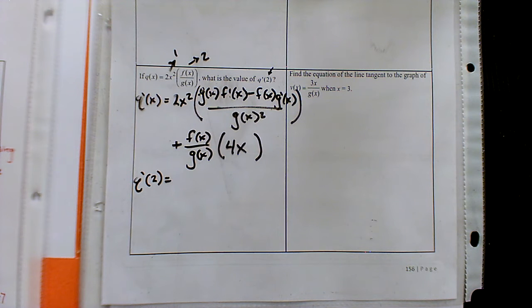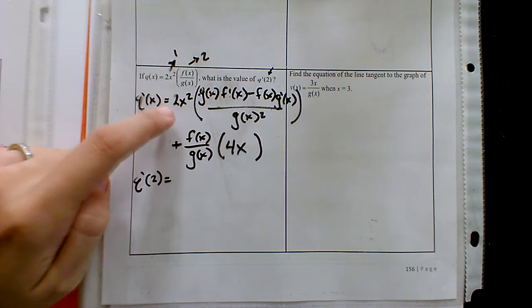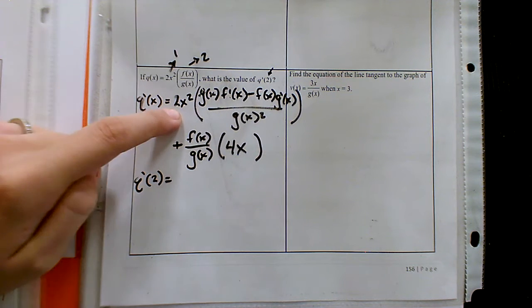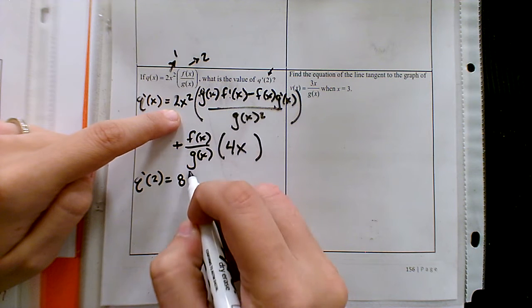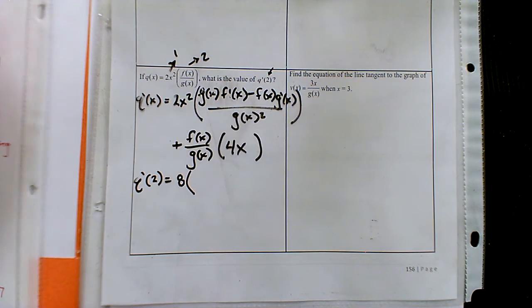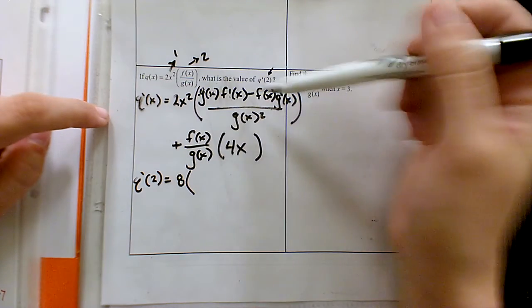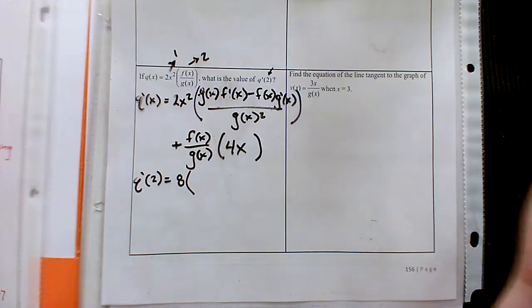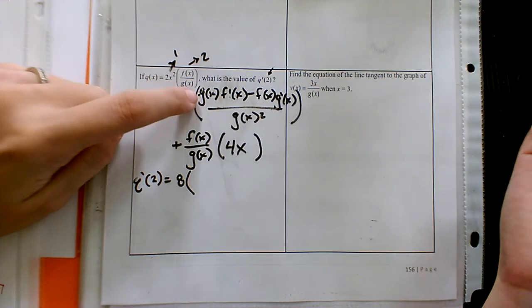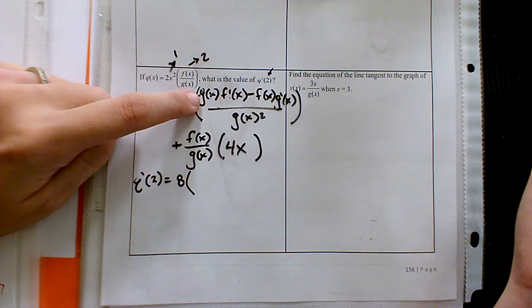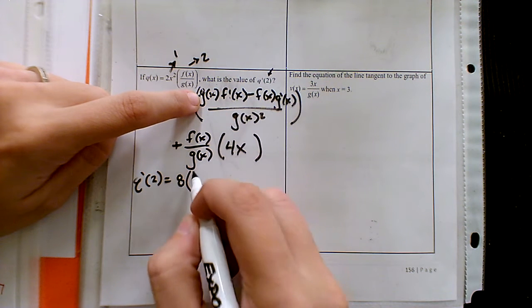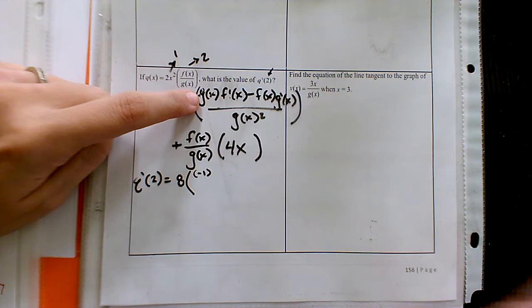Okay, so now if this is the derivative of q, let's plug in 2 and see what we get. And the table at the top is going to help us fill in with these different values. So if we plug in 2 for the first x, altogether that would give us 8. And then we're going to plug in 2 for all the x's in the function notations, and then use the table to help us there. So g of 2, based off the table, is -1.